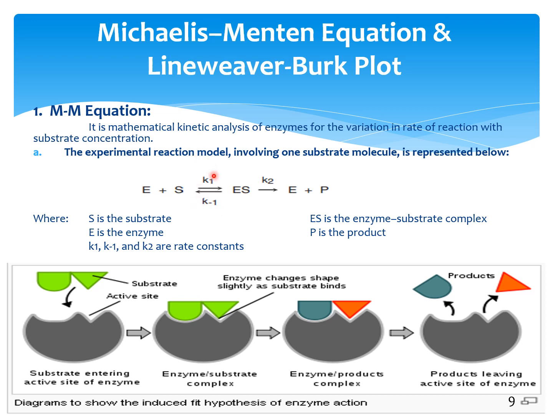K1 is the rate constant for the formation of ES complex. K-1 is the rate constant for the dissociation of enzyme substrate complex into enzyme and substrate, that is the reverse reaction. While K2 is the rate constant for the dissociation of enzyme substrate complex into enzyme and product.